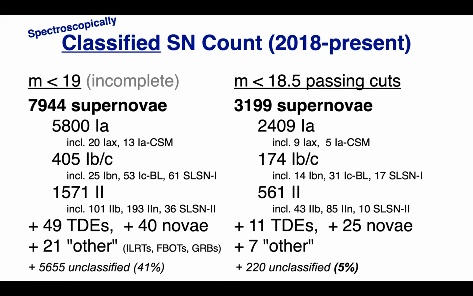You need to have satisfied these set of criteria for not setting or rising or whatever. But we still have a pretty significant number, more than 3,000 supernovae, and pretty good numbers of all the various subtypes. And our completeness, again, is about 95%. So that's pretty good. All right, so next I'll move into a little bit of surveying the science of these things.